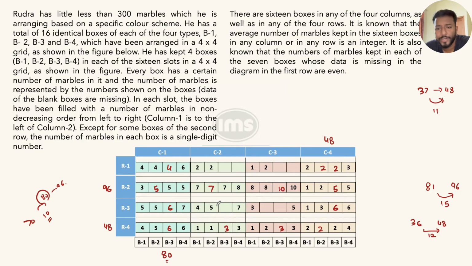Now let's proceed further. What is the next case we should check? Let's check for this R3 maybe, right? For R3 the current sum is 6 plus 6, that is 12, and 4 is 16, 16 and this is 8, 24, 24 and 4 is 28, 28 and 7 is 35, 35 and 5 is 40, 40 and 10 is 50, 56, 56 and 7 is 63.